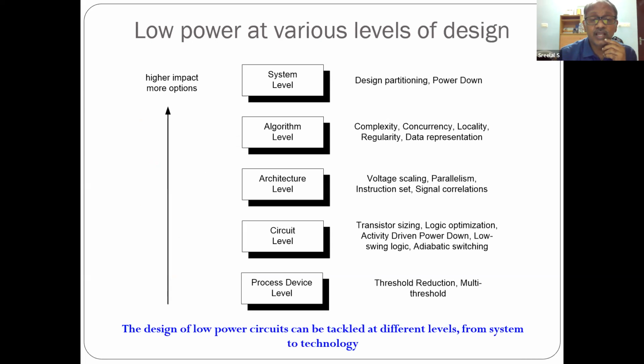So low power can be achieved at various levels of design. For example, at the top level, at the system level, we do it by doing appropriate design partitioning and appropriate power down methods of design.